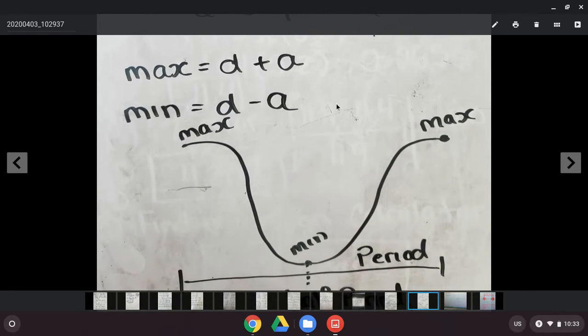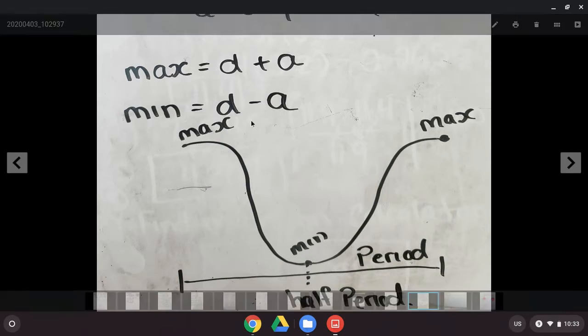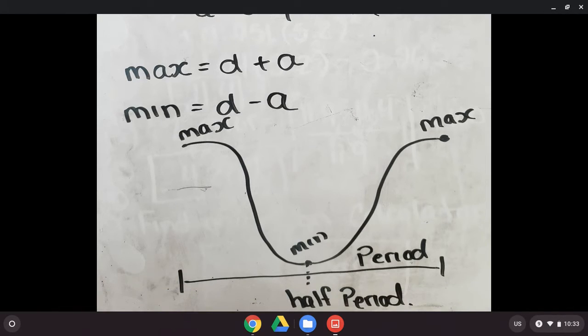Part B then wants you to find the b value. In order to find the b value, we need to first find the period. It tells us that it takes 0.6 seconds to get from the max to the min. In a picture, getting from the max to the min is half of our period, because our period is what it takes to get from max to max.